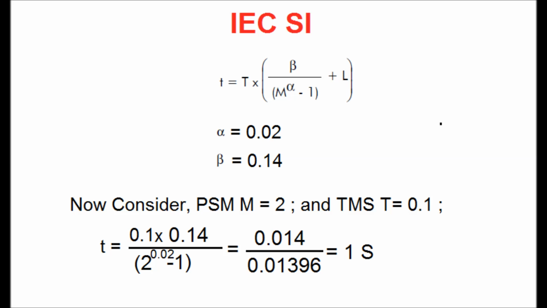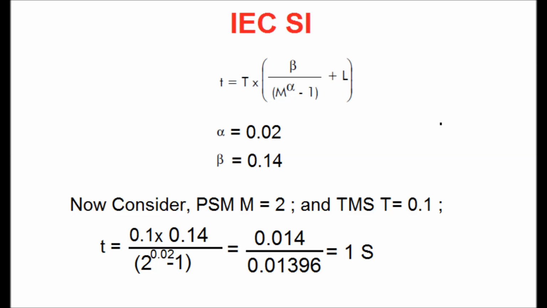Now the first curve is IEC standard inverse. As per IEC standard inverse, the trip time t is given by t = T × (β / (M^α − 1) + L). The value of the L constant is equal to 0, alpha is equal to 0.02 and beta is equal to 0.14.